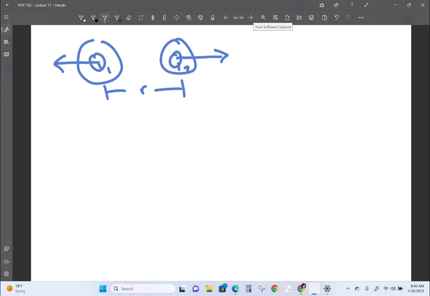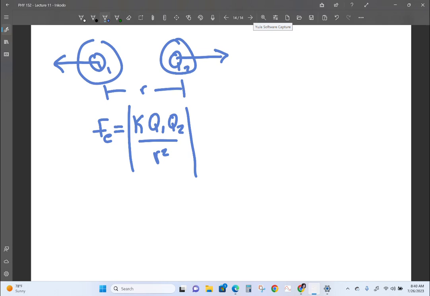The size of that force is found by finding the electrostatic force, or Coulomb's force, which is K times Q1 times Q2 all over the distance squared, and that would just be the absolute value of that number. And K is equal to 8.99 times 10 to the 9 newton meters squared per coulomb squared.